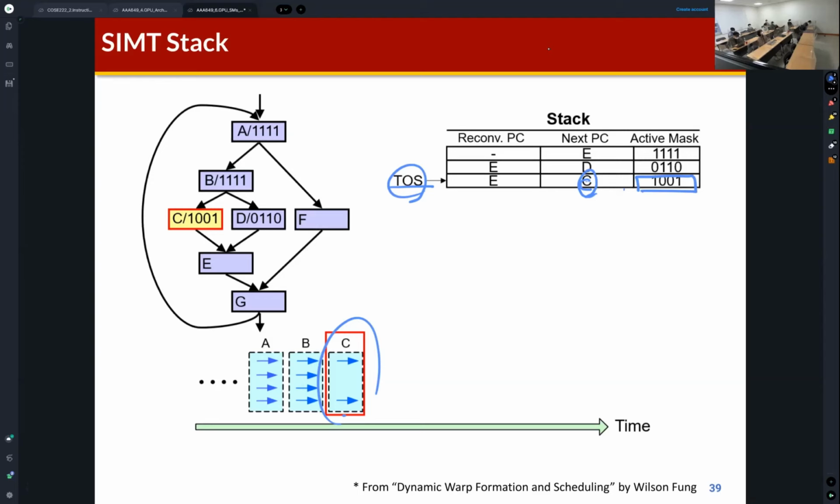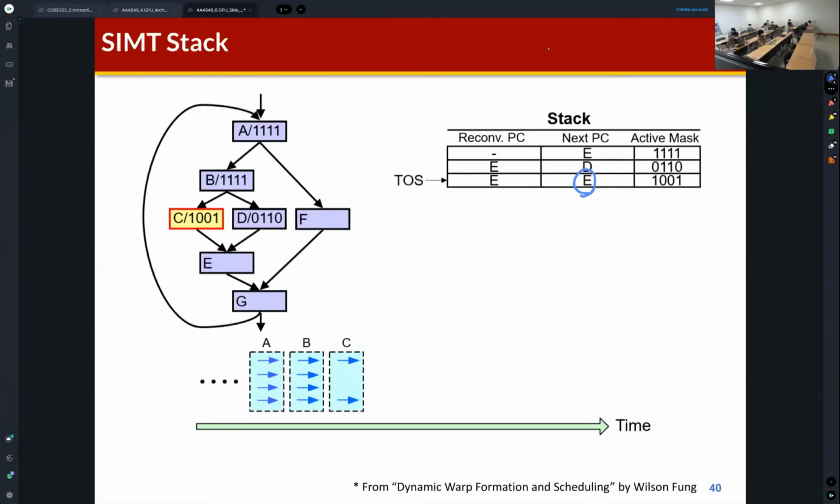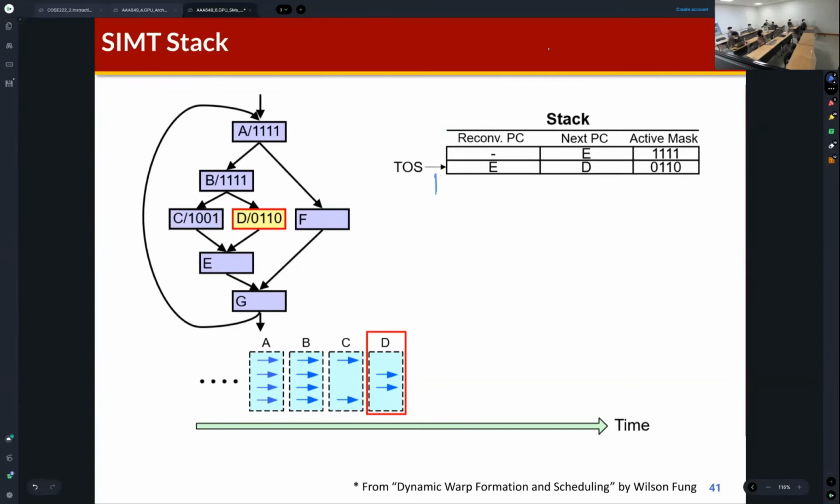So the next PC becomes E, and we know the next PC is the same as the reconvergence PC. So we know this path has been executed. The stack pointer moves up to this entry, and the next PC is D, which means this warp executes instruction D with the active mask 0110.